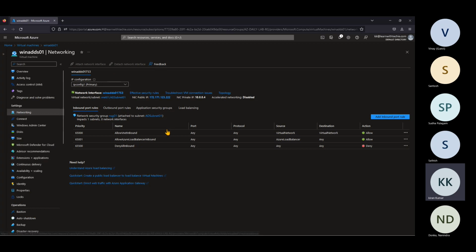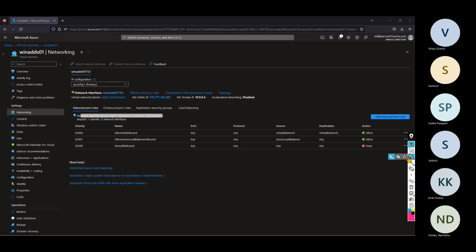Here, if you observe, the network security group clearly says that it is associated at the AD subnet level. You can observe here.